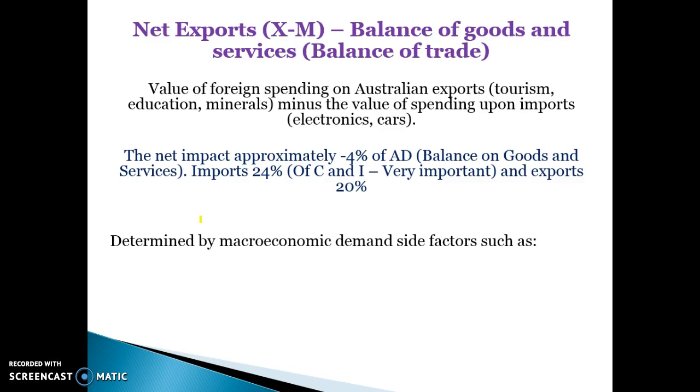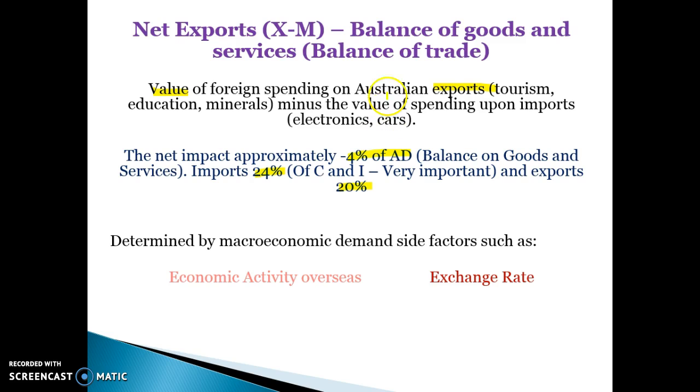And then we have net exports. Net exports is the difference between the value, and value is price times quantity, of spending on exports minus the value of spending on imports. It's generally about negative 4% of our aggregate demand, which means that import values are higher than export values. Imports represent about 24% of aggregate demand, and exports are about 20%, so negative 4% in total.